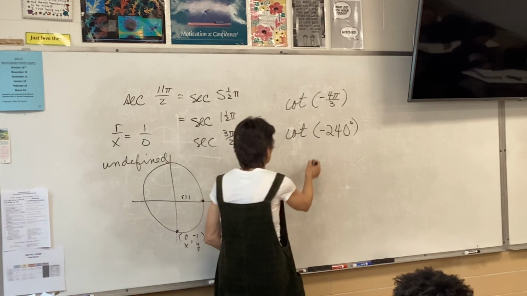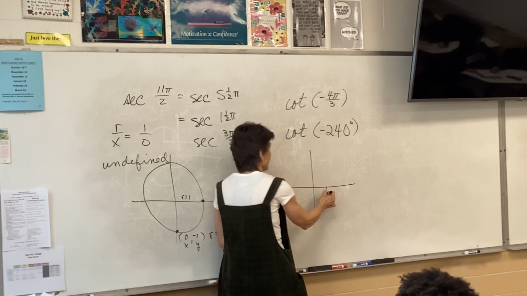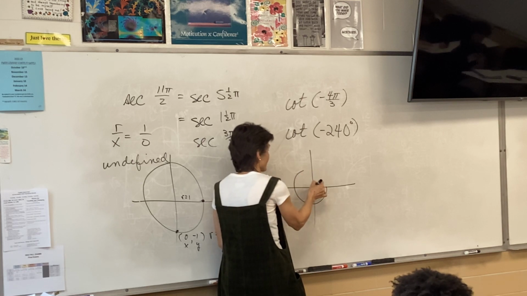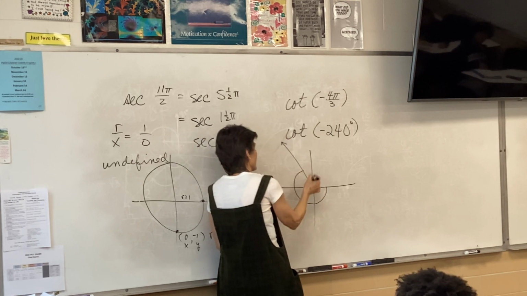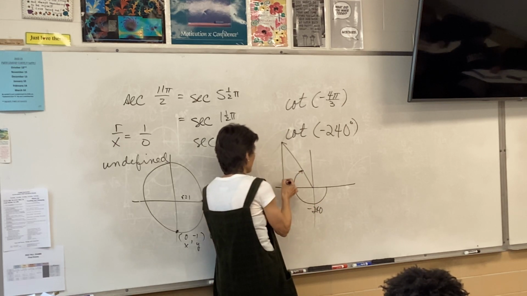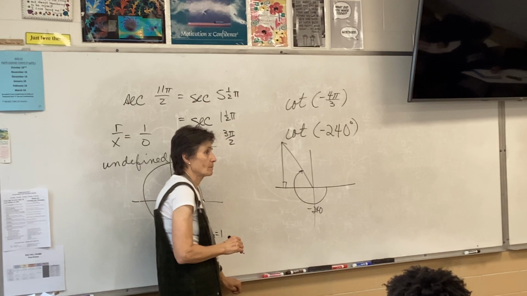Well, where's -240? Negative, go this way, -240, tell me when to stop. Here's -240. I can make a triangle.